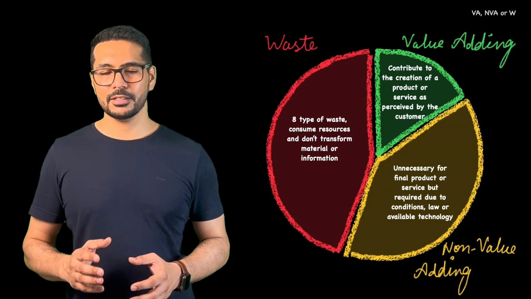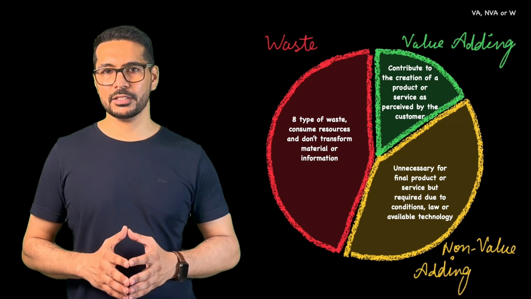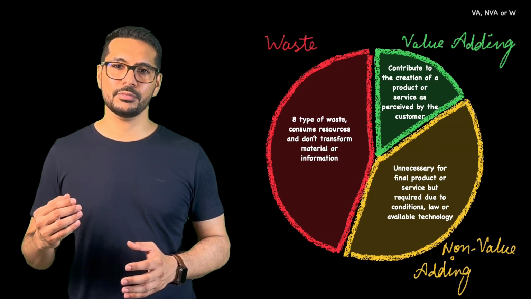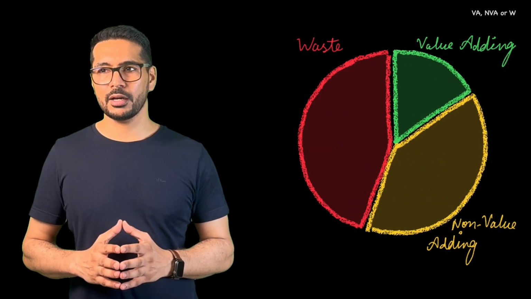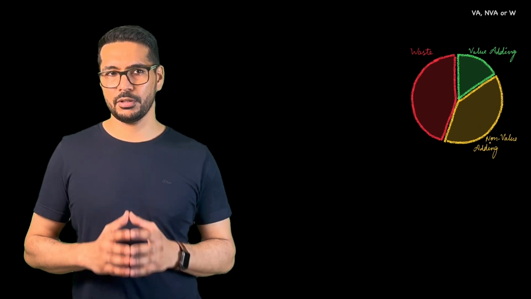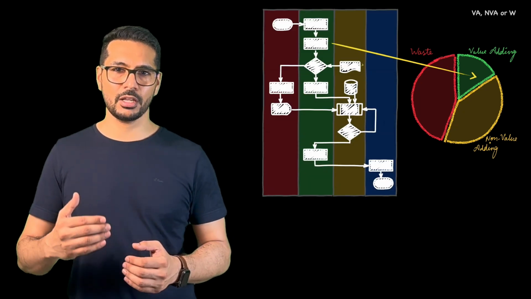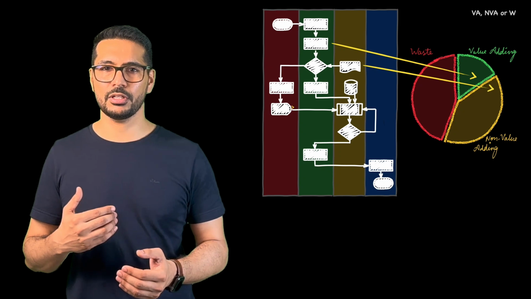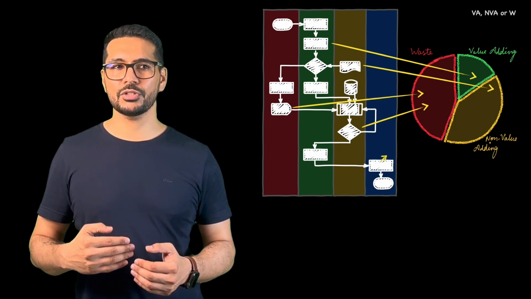So with this definition of value adding, necessary non-value adding, and the waste definition from the customer point of view, we have to mark all the activities, all the process steps in our process flow diagram: which activity is value adding, which activity is waste, or which activity is necessary, and we have to mark and see which we can eliminate.